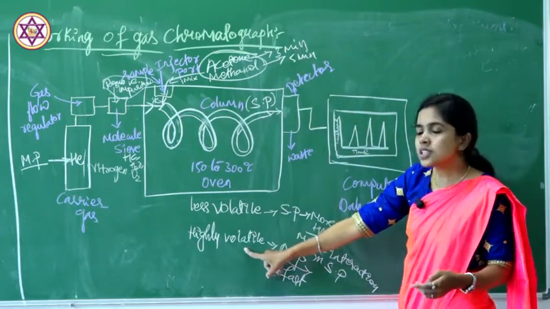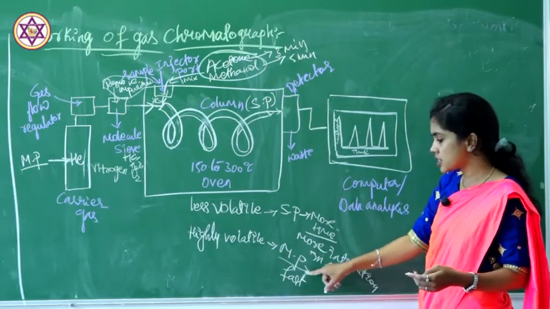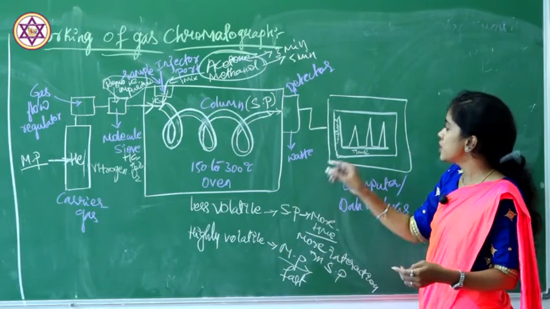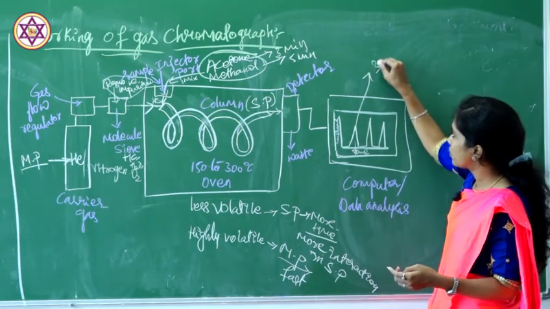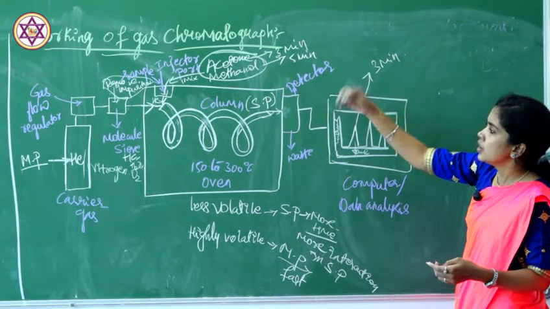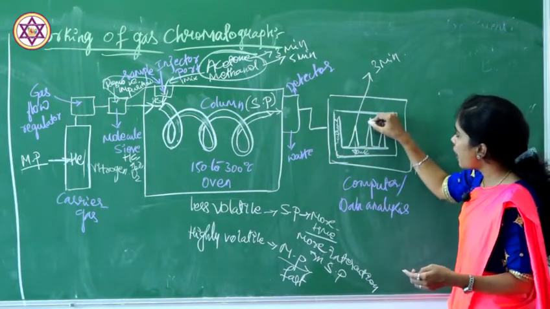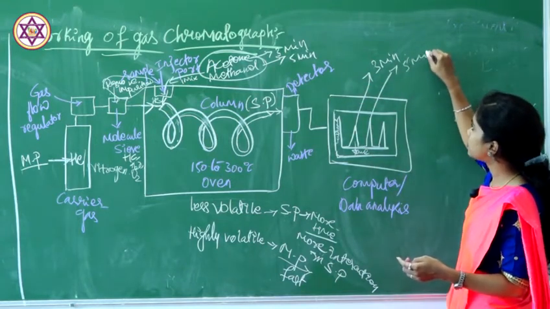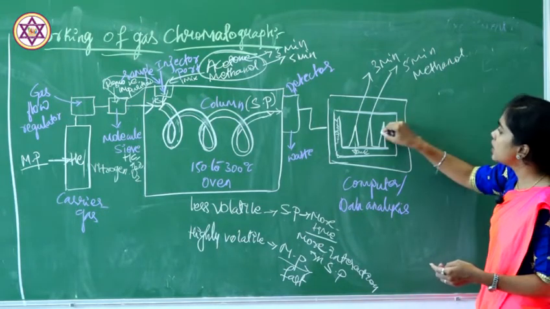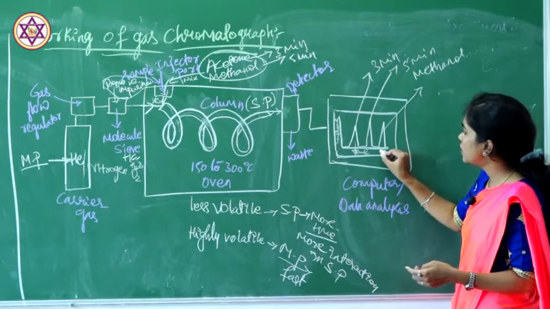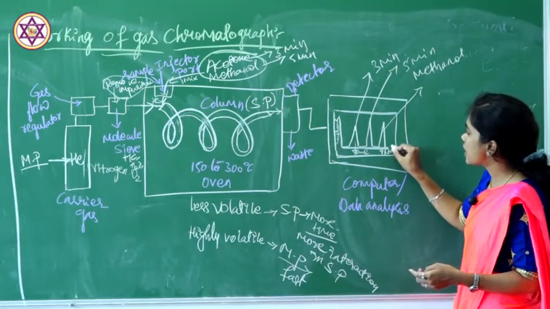It is highly volatile in nature, therefore it comes faster with the mobile phase, and we get the peak at 3 minutes. Then at 5 minutes we get methanol.